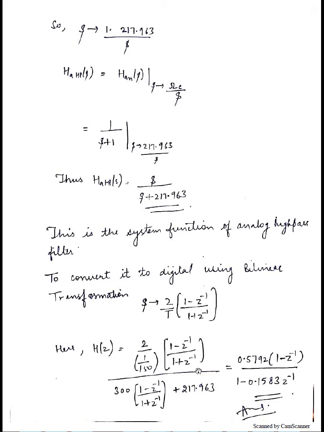The analog high pass filter is further changed to digital using the method mentioned, whether bilinear transformation or any other method. Keeping those formulas in mind and applying them, you will get the final equation in terms of Z that corresponds to the digital filter. So this is Hz, which represents the equation, or system function or transfer function, for a digital high pass filter.